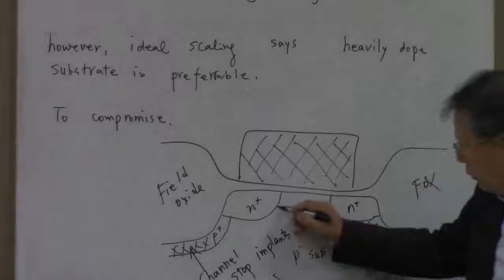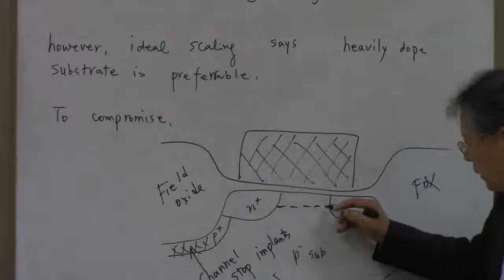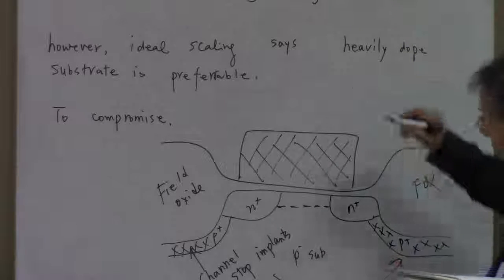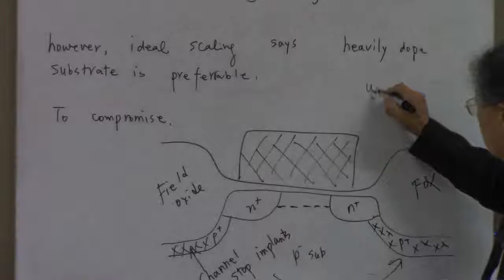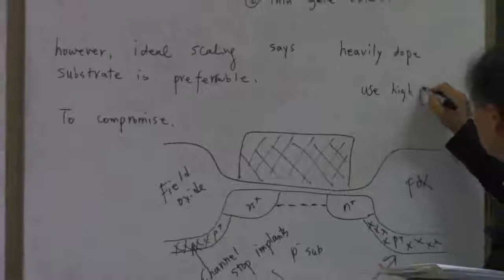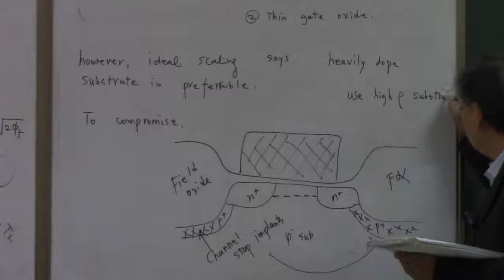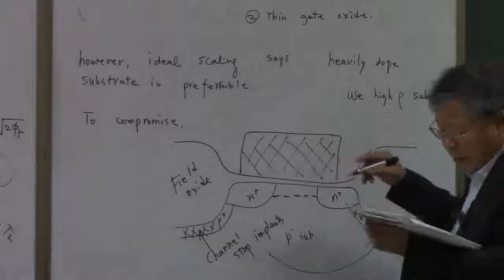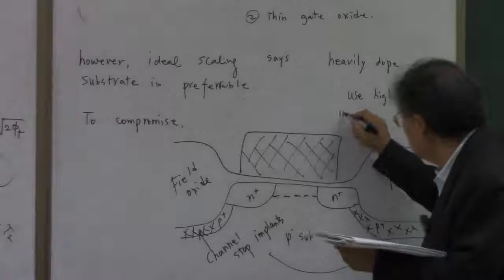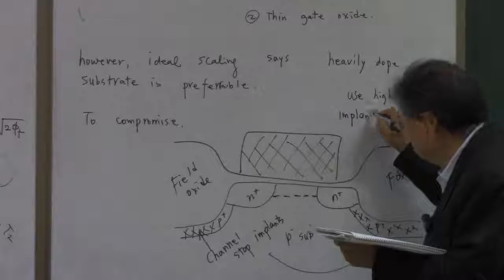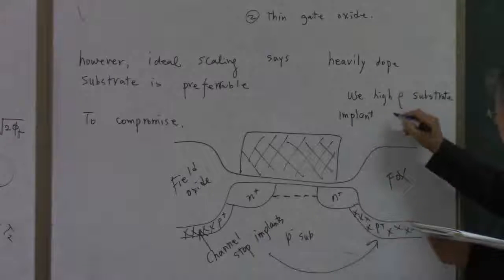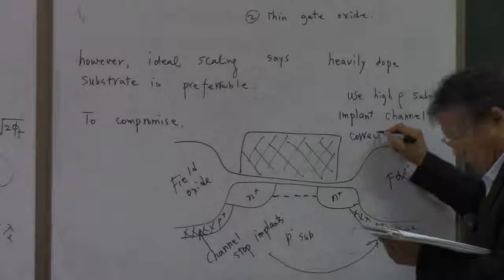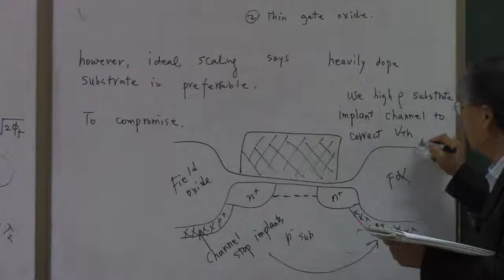And then what you can do is you can have an implant so that you use a high resistive substrate, but in order to have a good position in the ideal scaling, you are going to implant the channel to correct the threshold voltage.